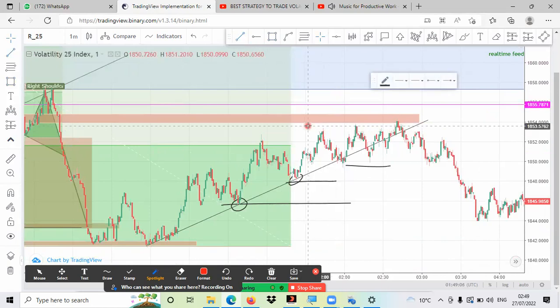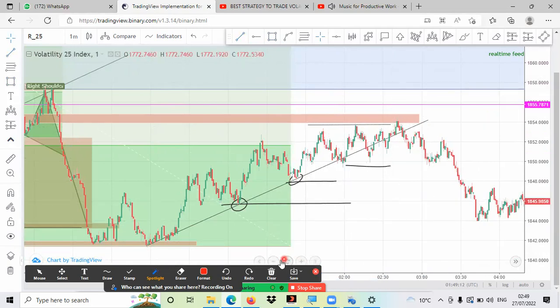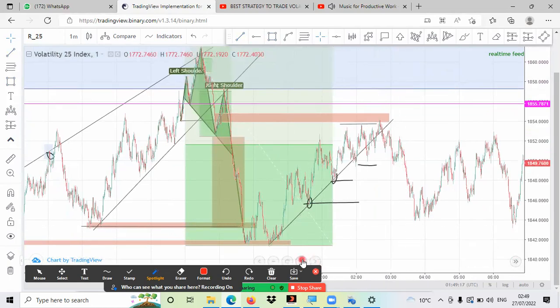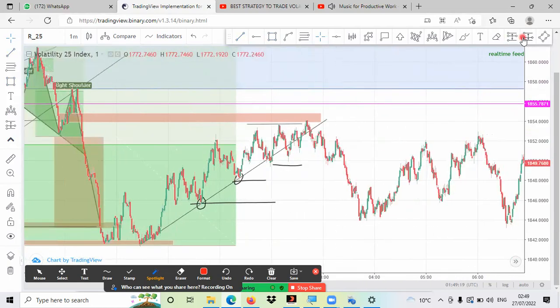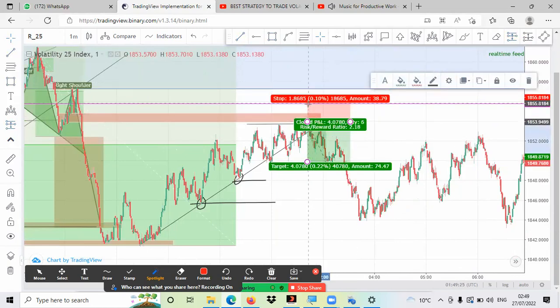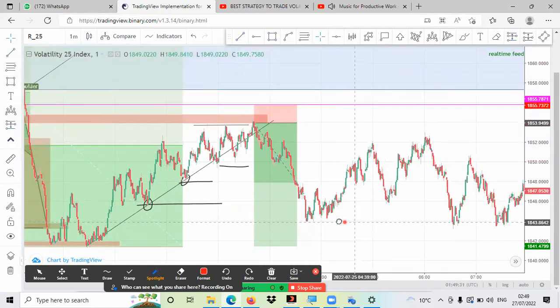We left the liquidity here before we go to the downside. In short, this could have been like this, then we go.